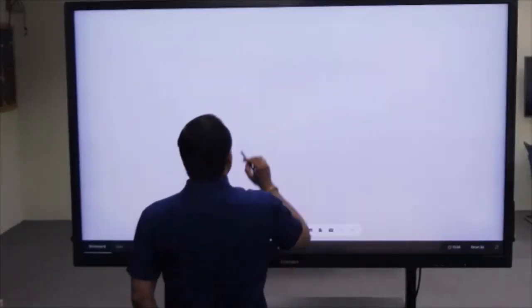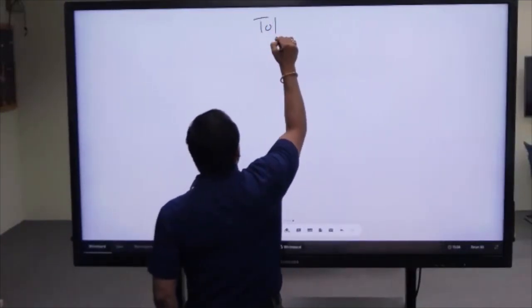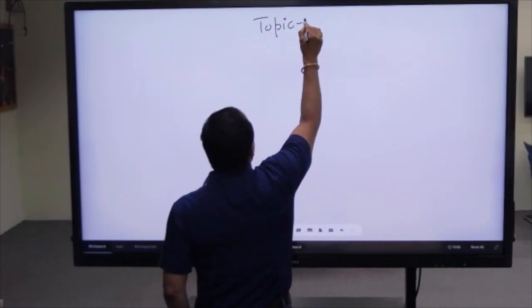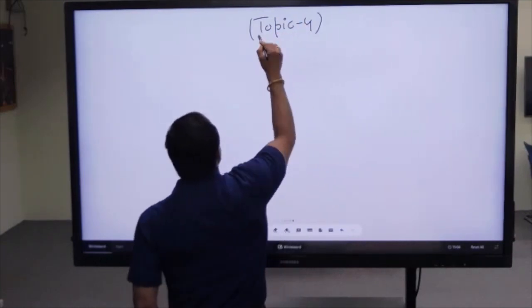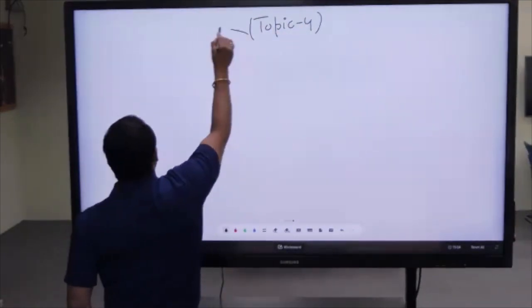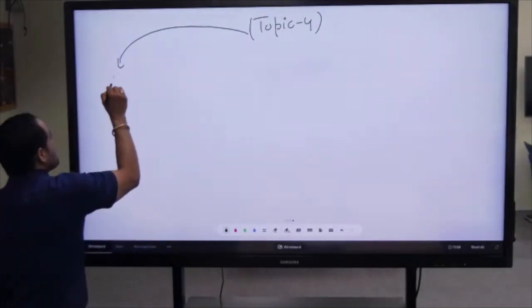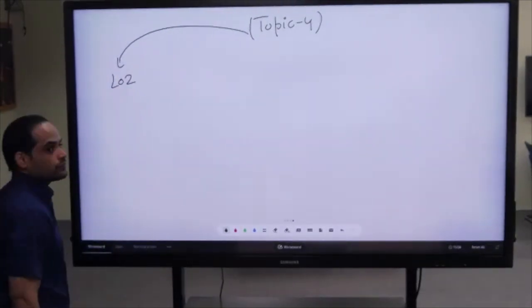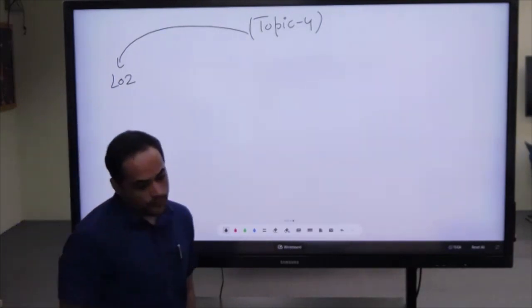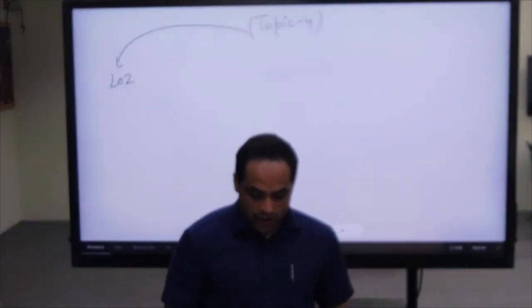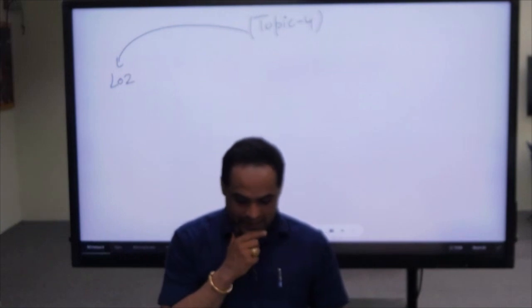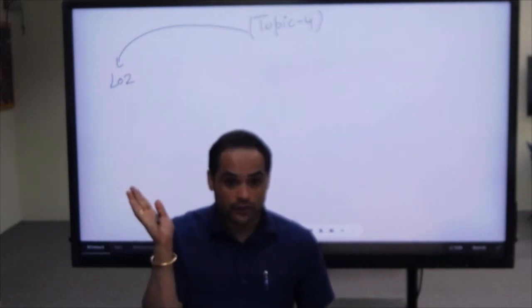So topic 4, learning outcome 2. Learning outcome 2 is cost classification, or behavior.